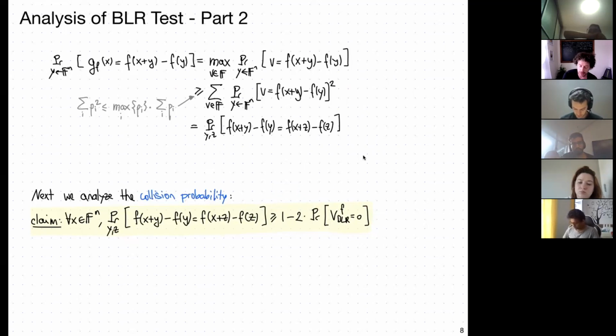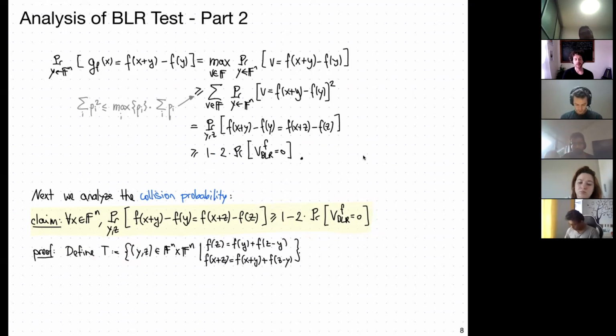So assuming I prove this claim, we've concluded the proof and we're done. So we just need to show this claim: what is the probability of seeing a collision? And how do we do that?